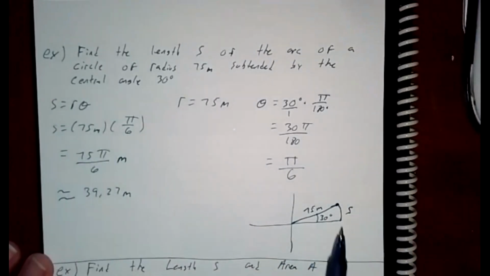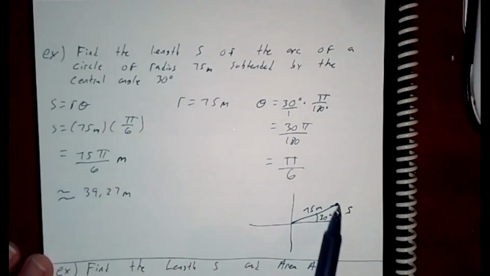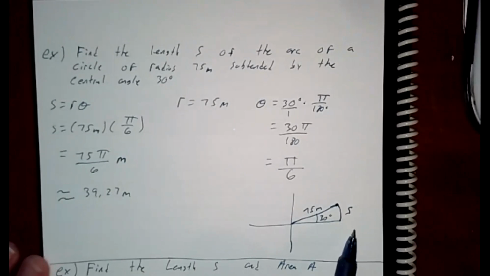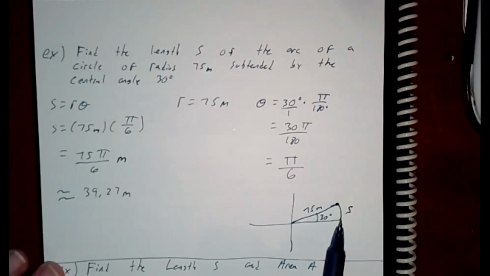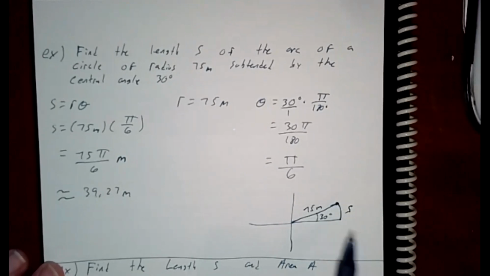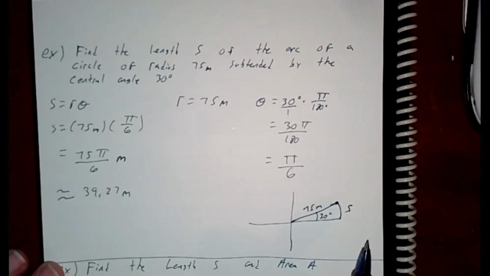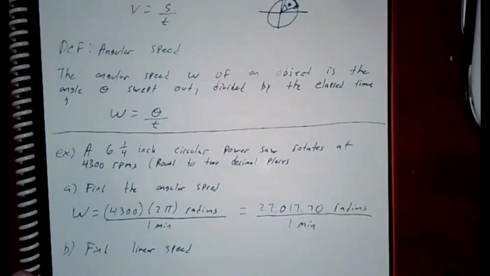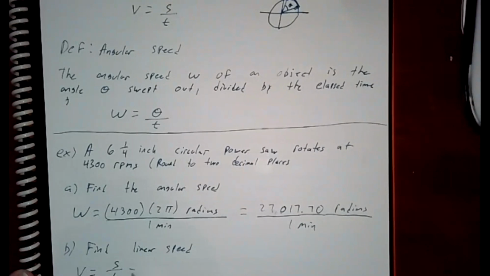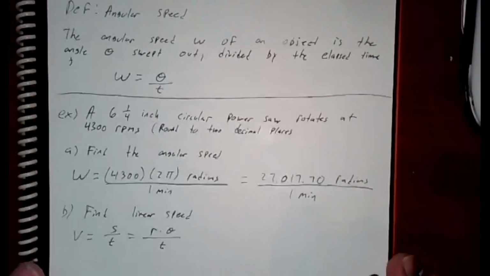So it is the distance from here to here. So once we find that, we put that over time and we'll have linear speed. So how fast did I go from there to there? That depends on the time it took to get there. Yeah, so S over T. So V is equal to S over T, which means it's R theta over T, right?